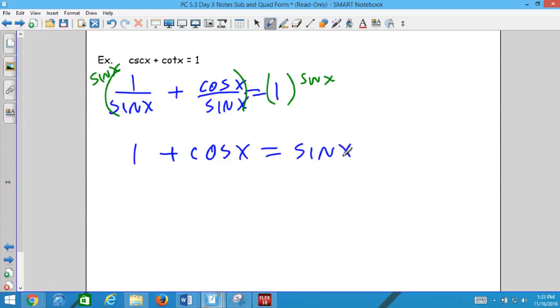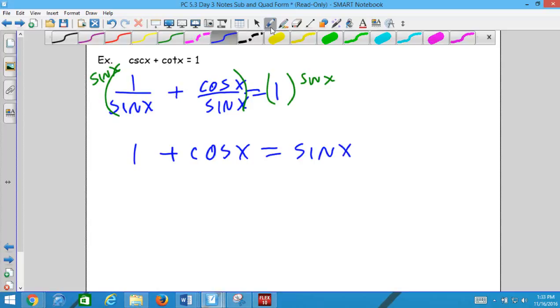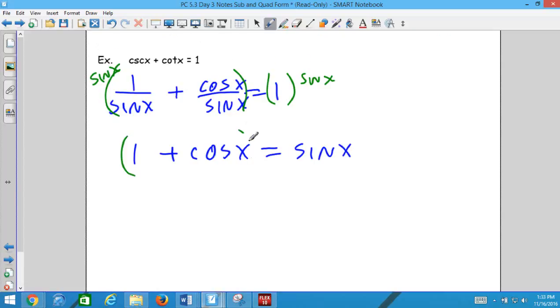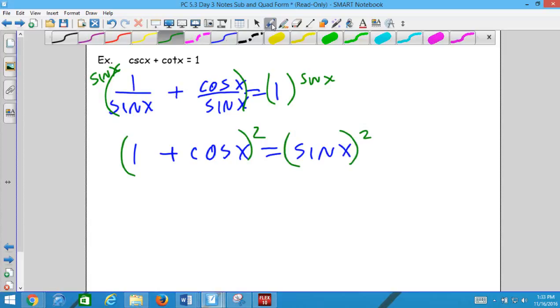And what could we try? Is there anything that makes sine into cosine? There's not. So what I did next was I squared both sides. Why would I square both sides?